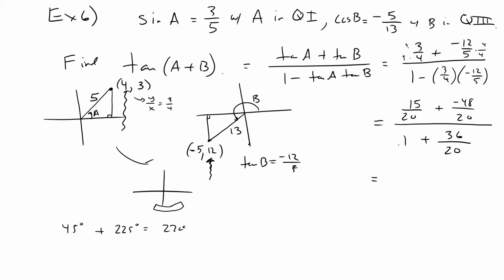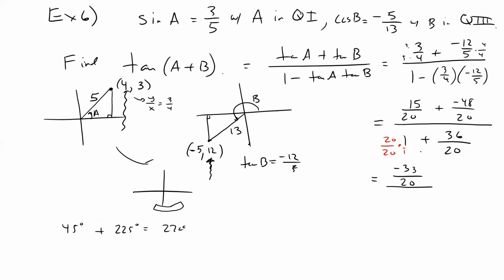And this little one can be changed into 20 over 20. On top, I got 15 minus 48. Anybody? Negative 33.